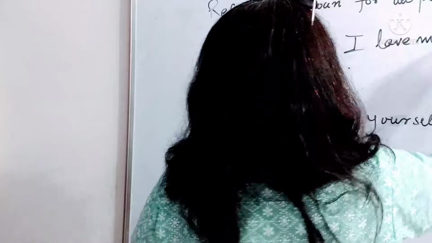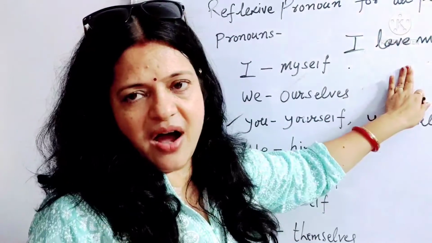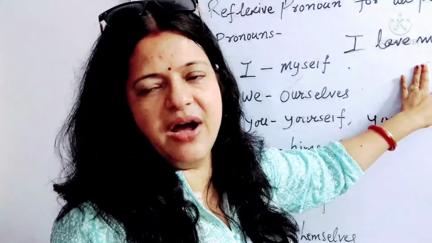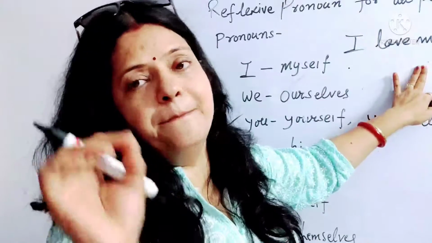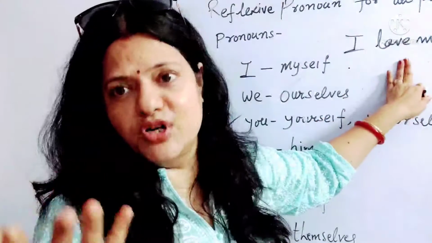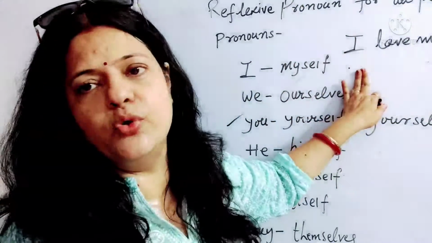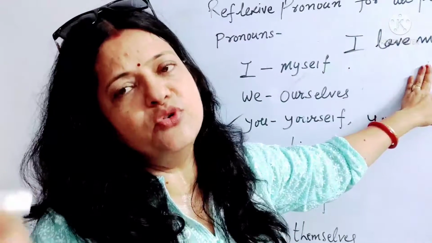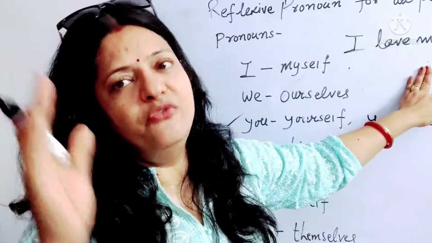Here, if I don't write myself, my sentence will not be complete. I love what? The question comes, what? So here we see that in a reflexive pronoun, myself is most important to write, and unless you write it, you are not going to get the full meaning.